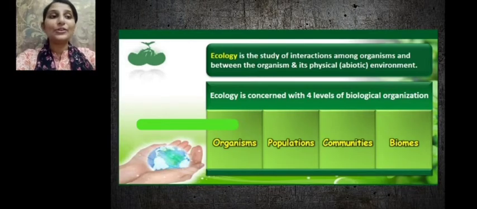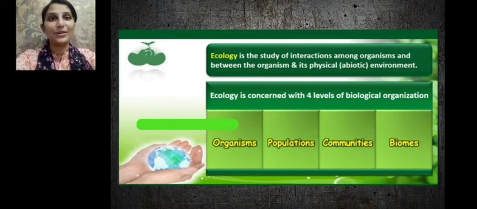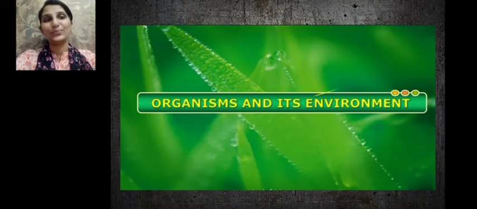So in a particular biome, there are a number of communities which have developed and been modified, all occurring and inhabiting a particular climatic zone, and that is called a biome. For example, a forest biome or a grassland biome are examples of biomes. So these are the four levels of ecological organization: organisms, populations, communities, and biomes.